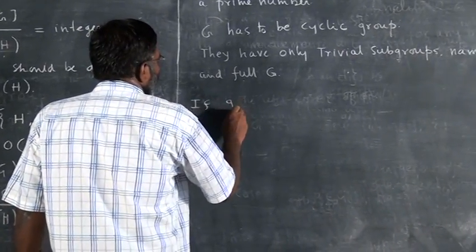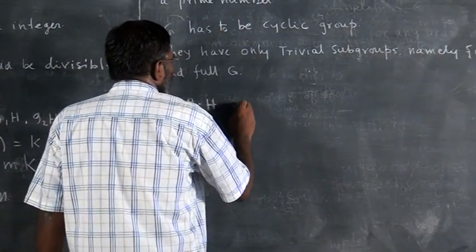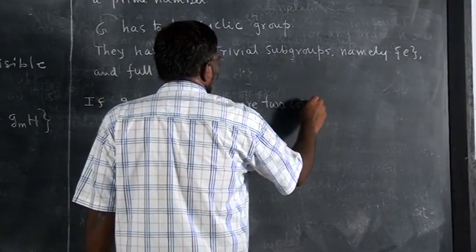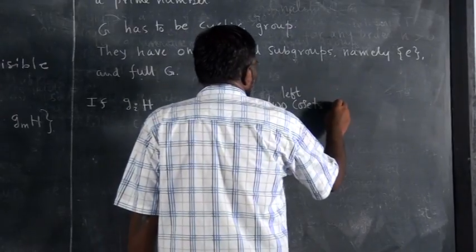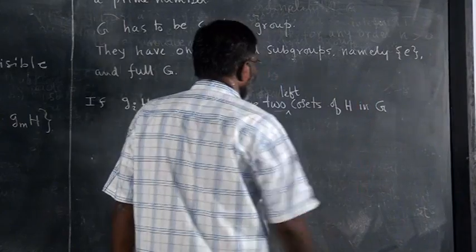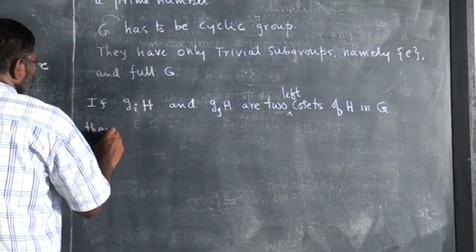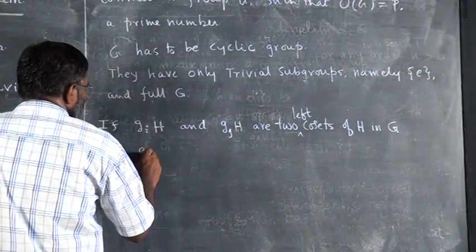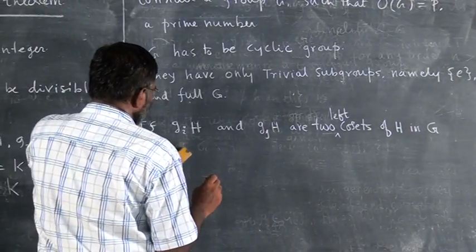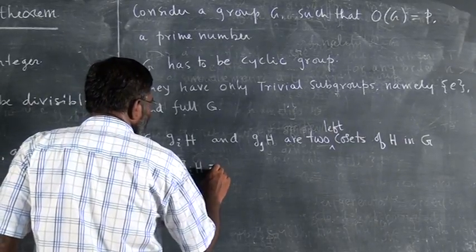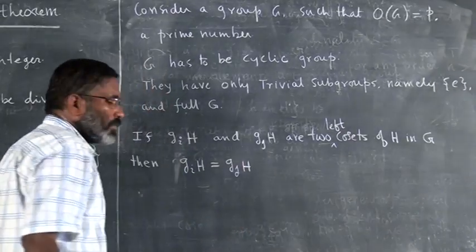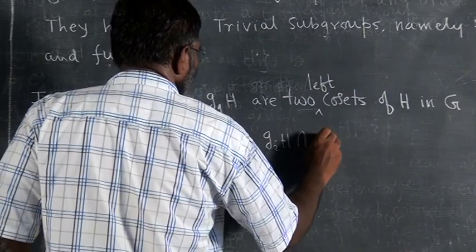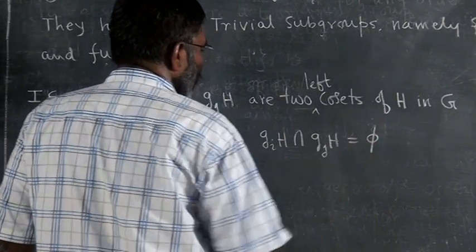If giH and gjH are two cosets, basically two left cosets of H in G, then giH is equal to gjH, or giH intersection gjH is an empty set.